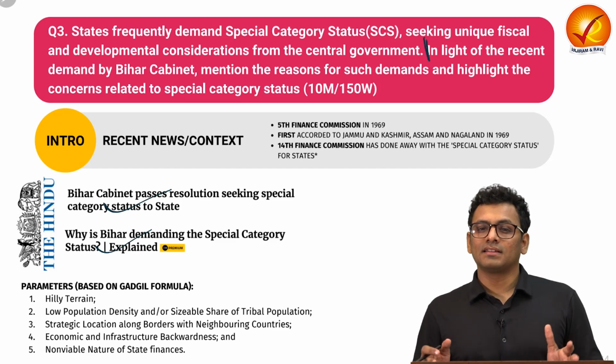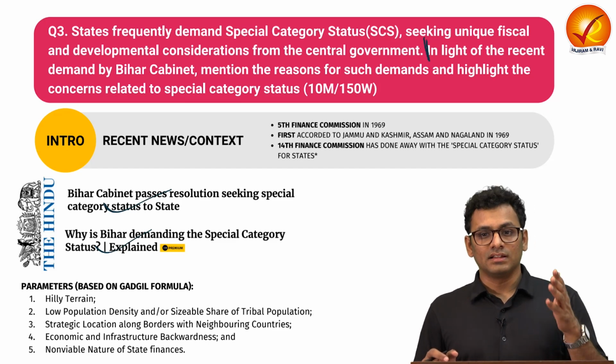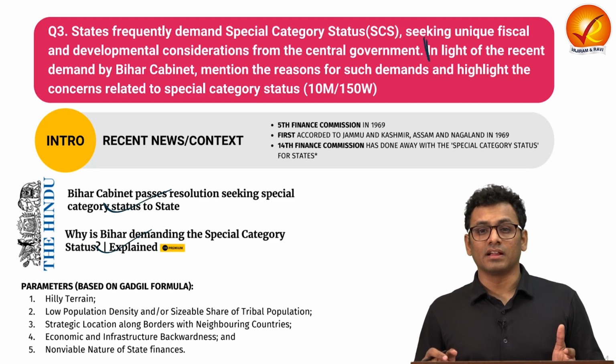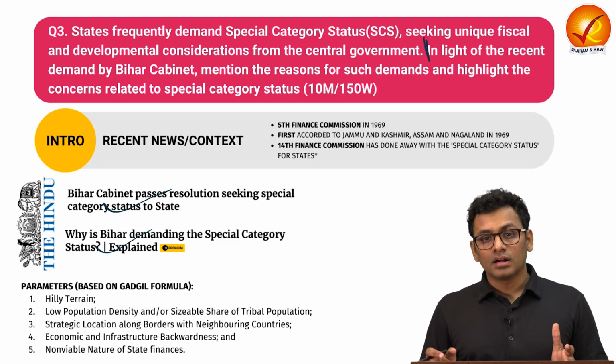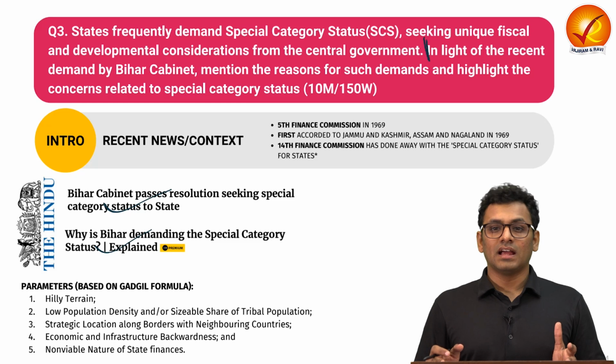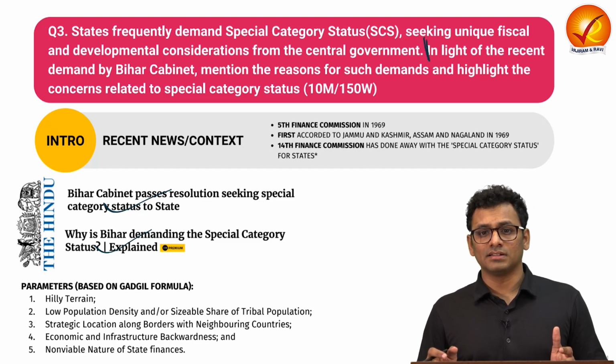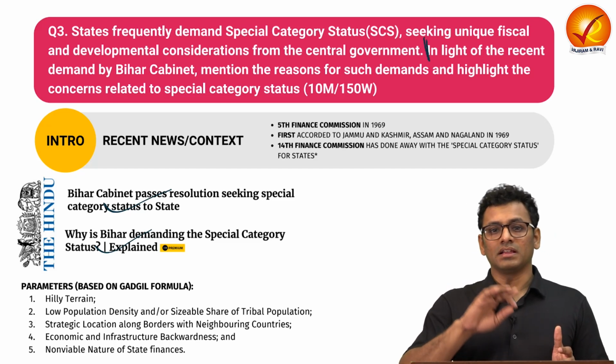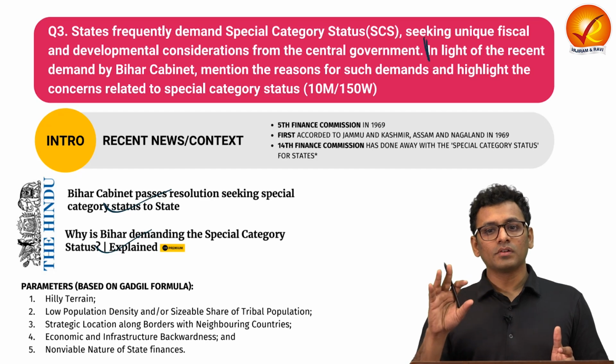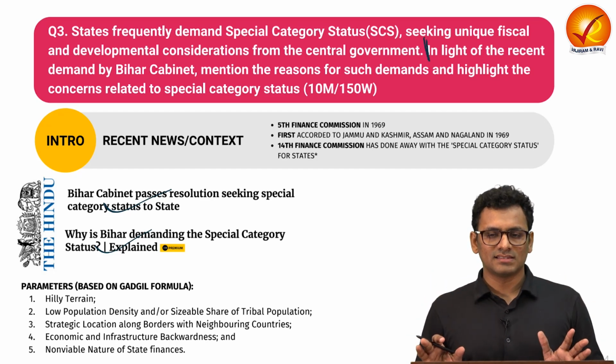Now they are demanding that kind of status because recently they conducted a caste census where they figured out that 1/3 of Bihar is multidimensionally poor. Now because of that kind of relative deprivation, Bihar is demanding special status so that they can ensure that there is an element of equity for the entire setup.